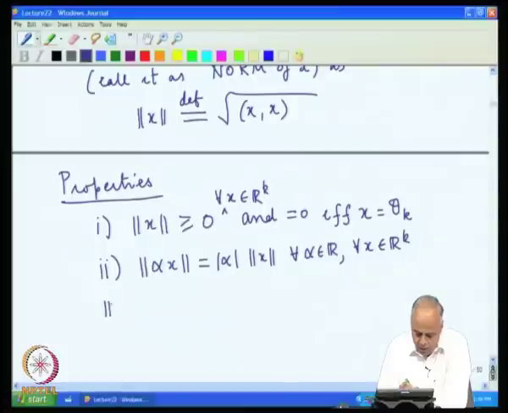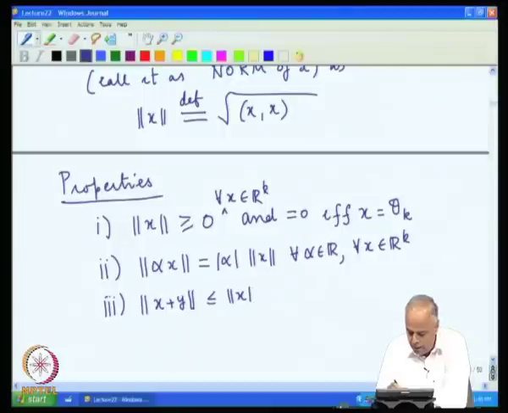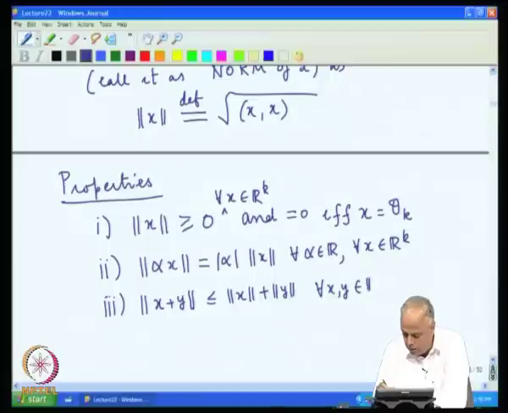And the third is the effect of this notion of length on the basic operation of addition: the norm of x plus y is less than or equal to the norm of x plus the norm of y, for every x, y in R k.